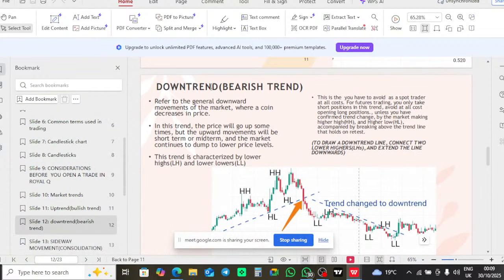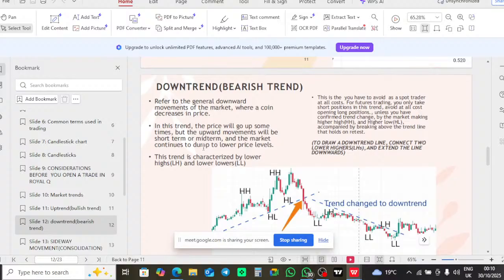Now here we have a downtrend. It refers to the general market movement where a coin is decreasing in price. It is dropping down slowly.